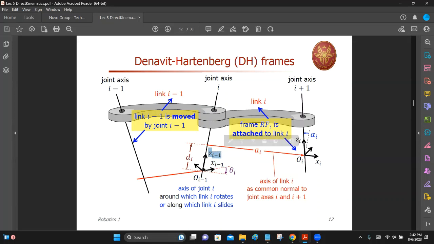But what rotates is not this red line, but this red line, A I. So A I rotates around this red line, that is A I minus 1, and the angle is theta I. So there's a rotation here and there's a translation also, or displacement, and it gets to this point over here.